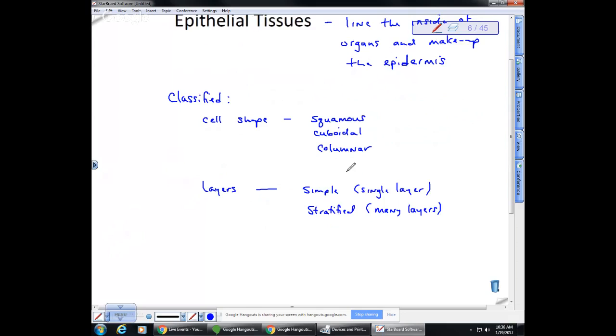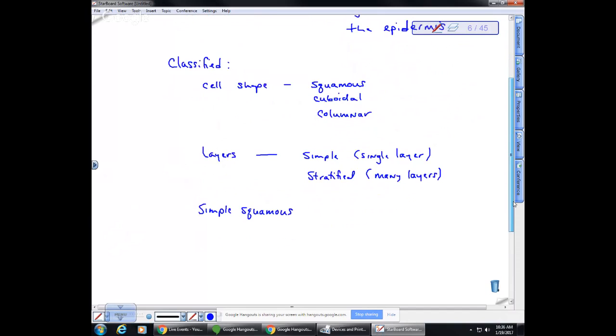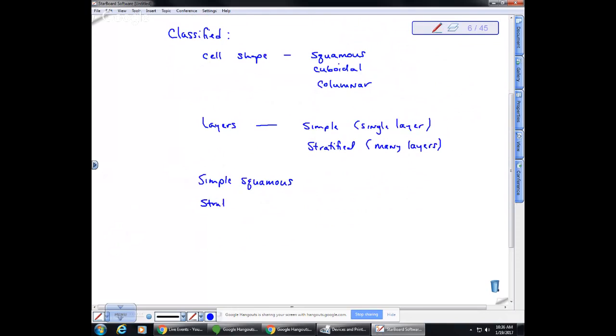So we can put these things together. So you could say that something is simple squamous, which means that it's a single layer of flat cells. You can also say that something is stratified squamous. So this would be like in our lungs, where gas exchange takes place between the atmosphere and our blood.